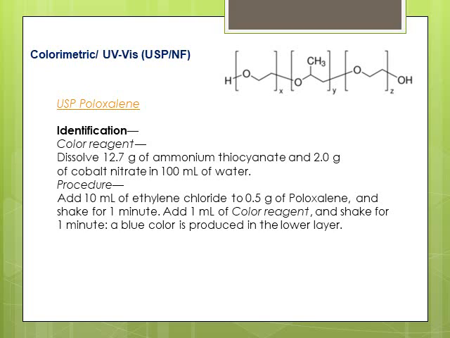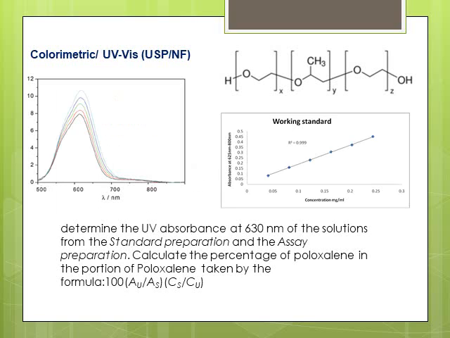In this technique, you make a complex of cobalt with this polyether chain, and all the reagents and techniques are well described in the USP monograph. You make a linearity solution, and you do the quantitation at 630 nanometers. As I said before, this method will work with any molecule that has a polyethylene oxide or polyether chain. It's not just for this particular molecule. It will work with Ceteth 20 and all of them.